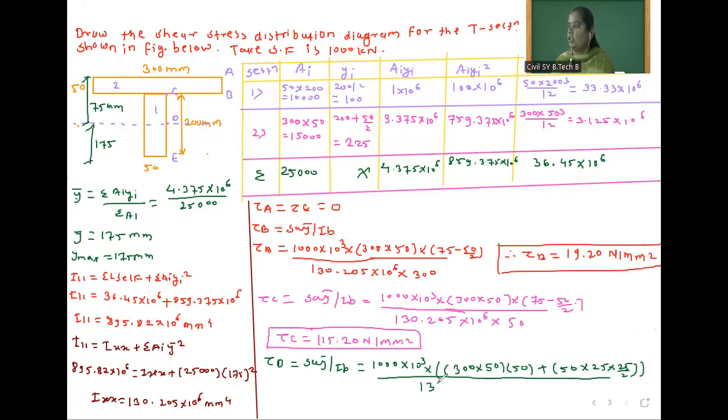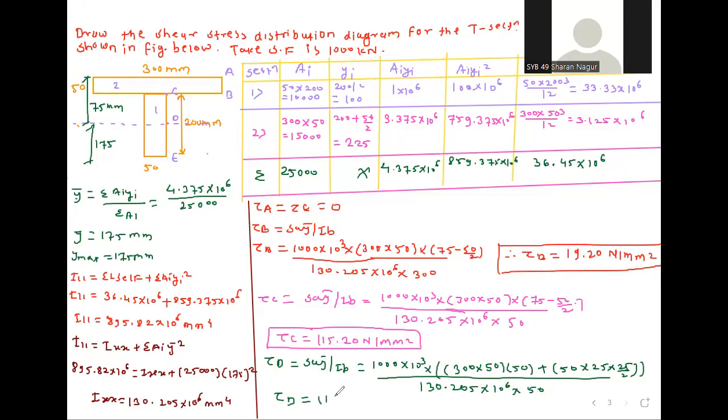So moment of inertia 130.205 into 10 to the power 6 into width 50. That is 117.60 Newton per mm square.